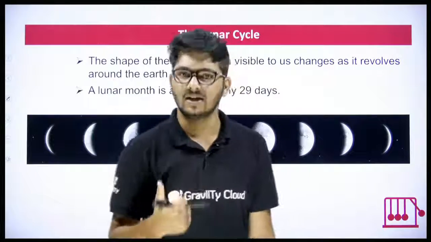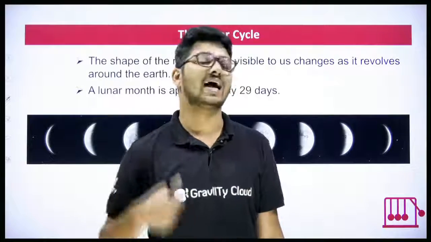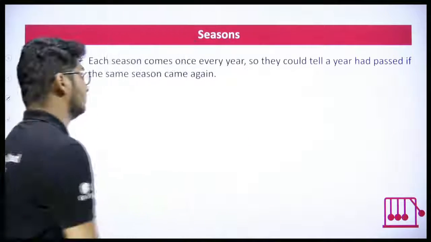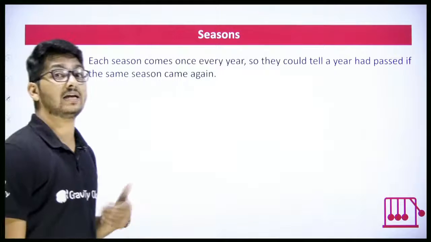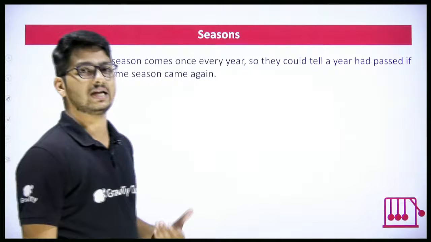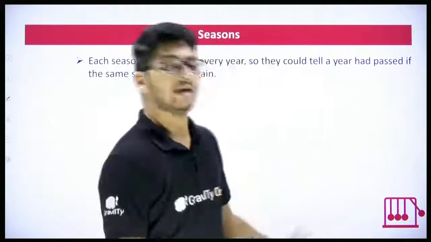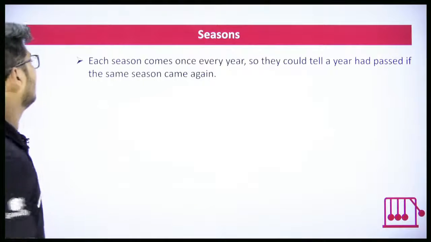So they had the sunrise and sunset, or day-night cycle. They had the lunar month. They also had seasons. And seasons were more important when it came to agriculture. Even today, seasons are very important when it comes to agriculture: when to plant a crop, when to harvest a crop, when to cultivate a crop. Clear?